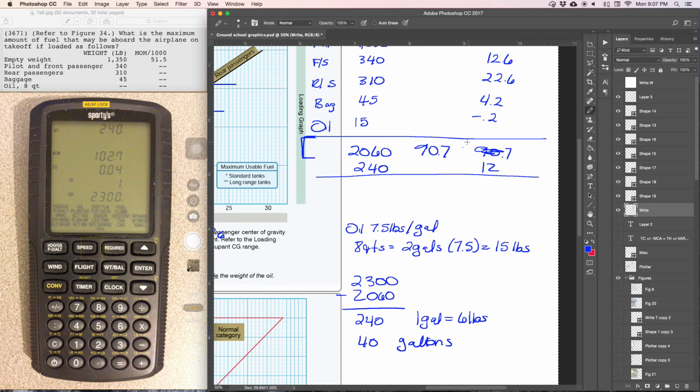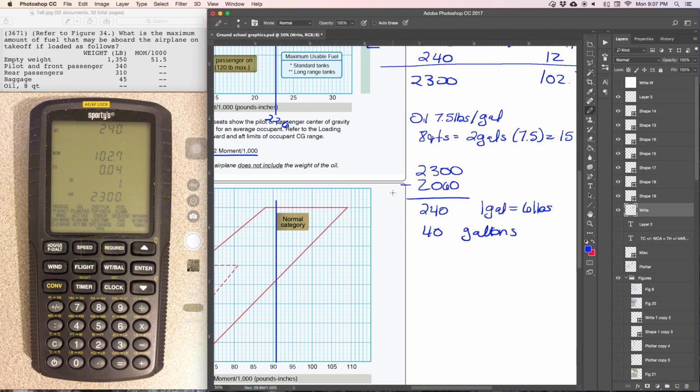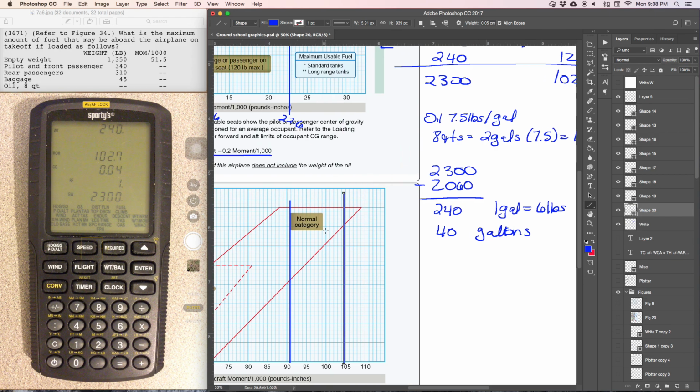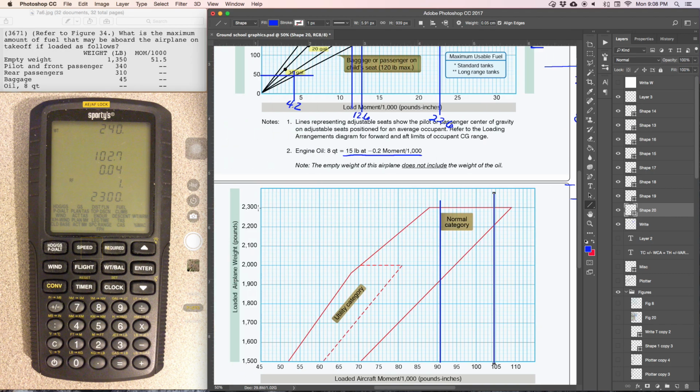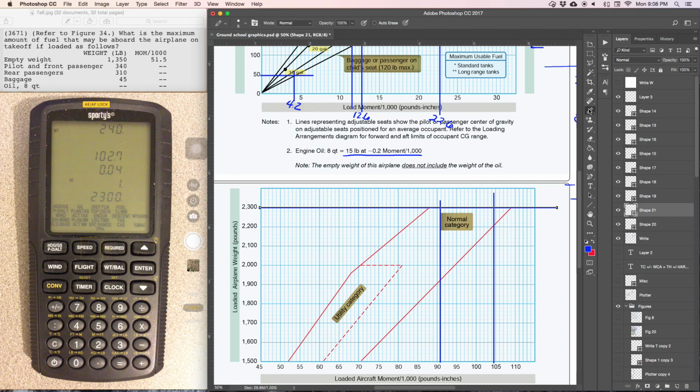That gives us a new moment of 102.7 and gross weight of 2,300. So now we need to make sure we're still within limits. 102.7 and right at 300. So after adding the full max amount of fuel that we can, we are still right within limits for this aircraft.